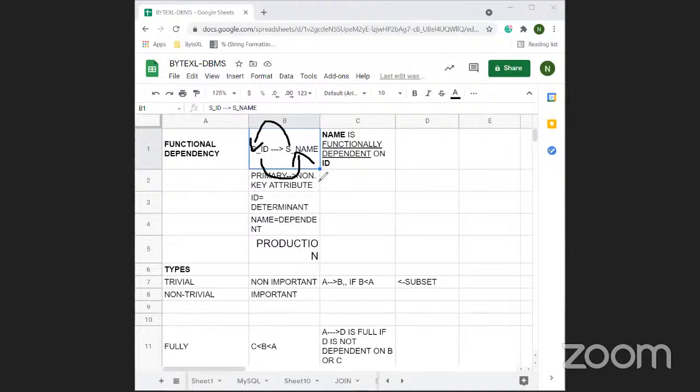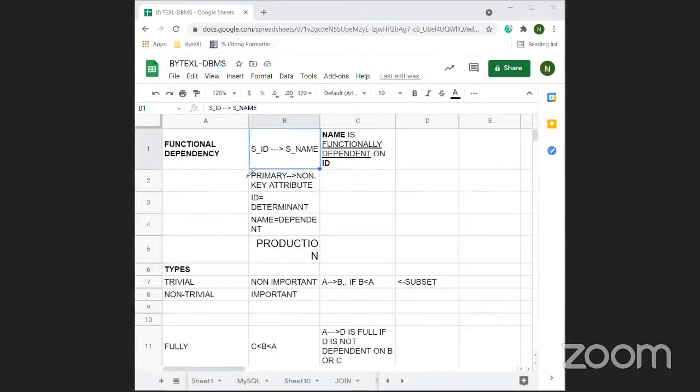It is not possible. Therefore, the name value in a table is dependent on ID. Unless and until I give you ID, you cannot give me the name of a person. This dependency is called functional dependency. Name is functionally dependent on ID. That is how we call it.